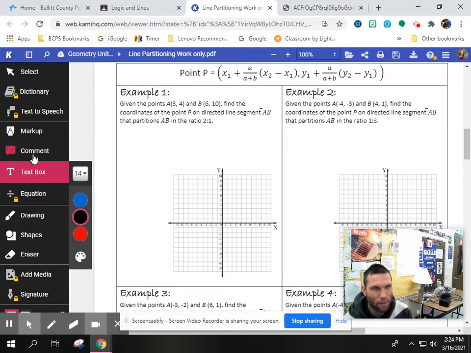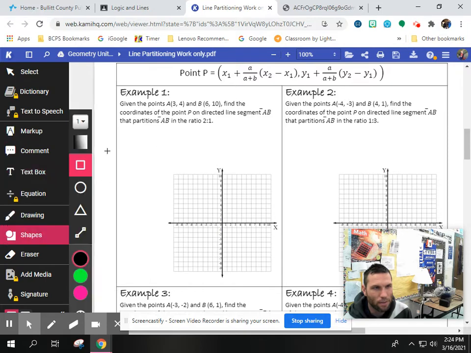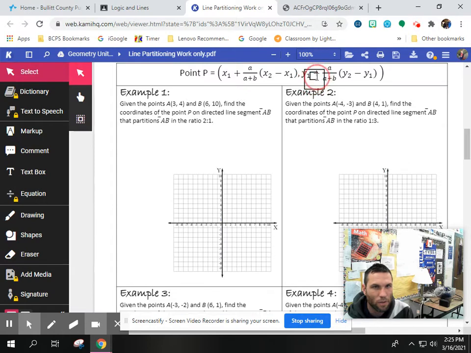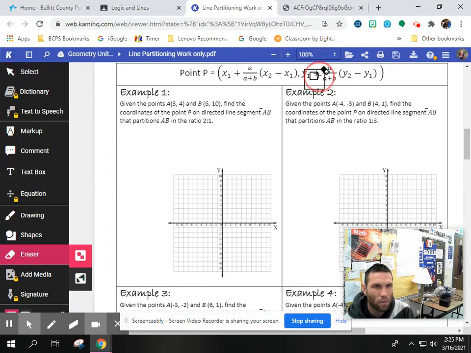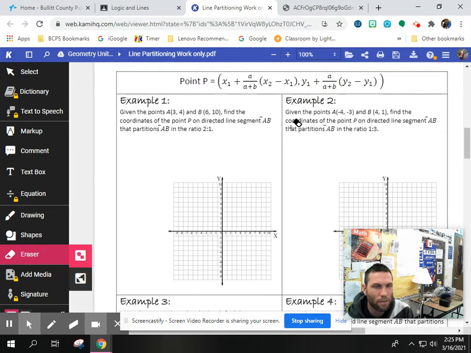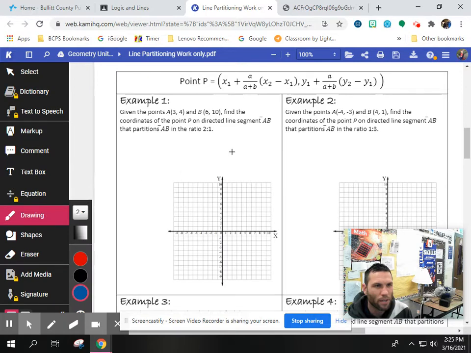Think about it as only the x, and then only the y.